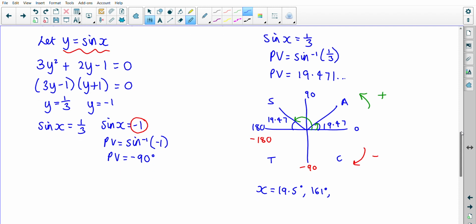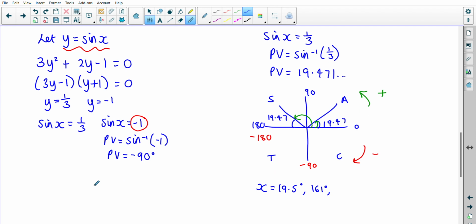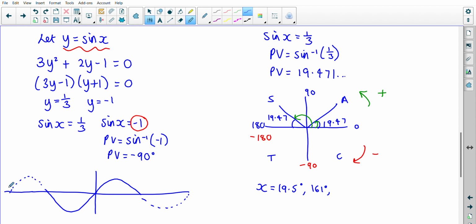So I'm just going to think about the sine graph between minus 180 and 180. It starts at 0, goes up and crosses at 180. Then it'll carry on to 360. This one goes like that, will cross at minus 180 and then carries on to minus 360.